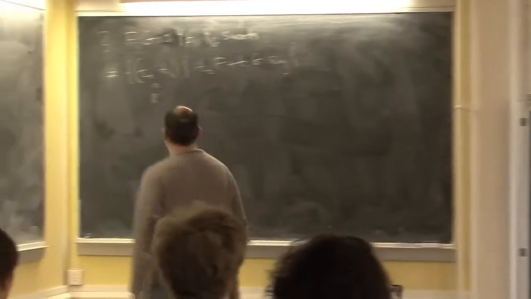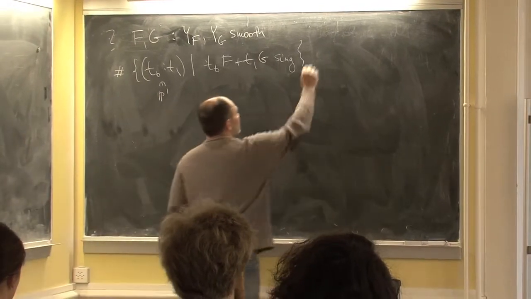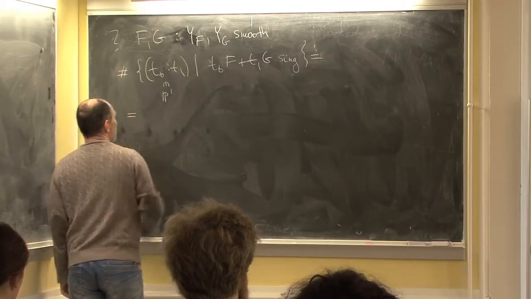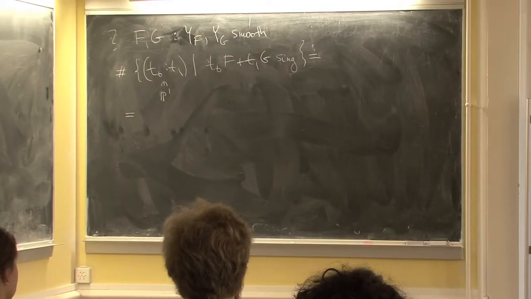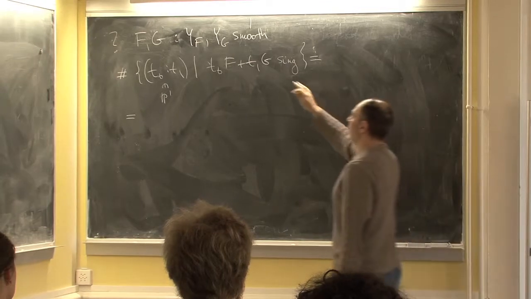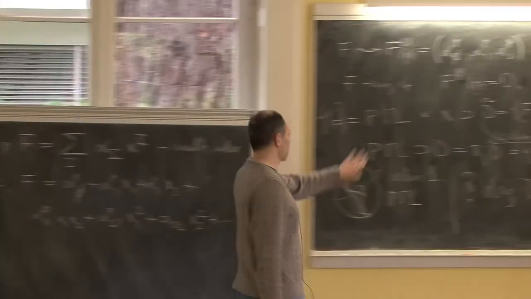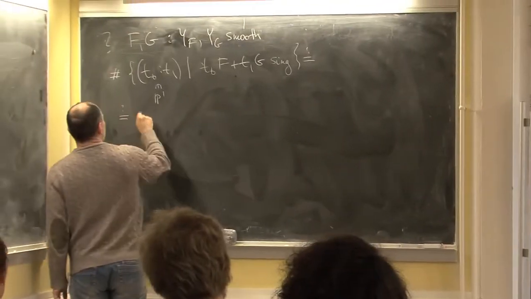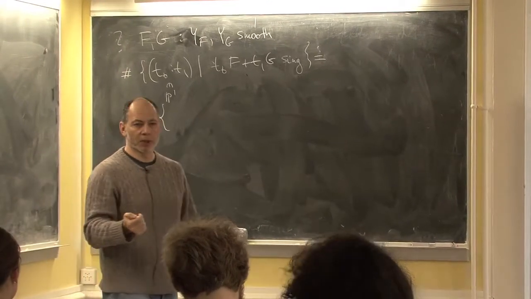And so now I do this little cheating. Knowing that the generic singular hypersurface, as I explained last time by this projection, has only one singular point, this will be the same thing as the number of singular points which could appear.